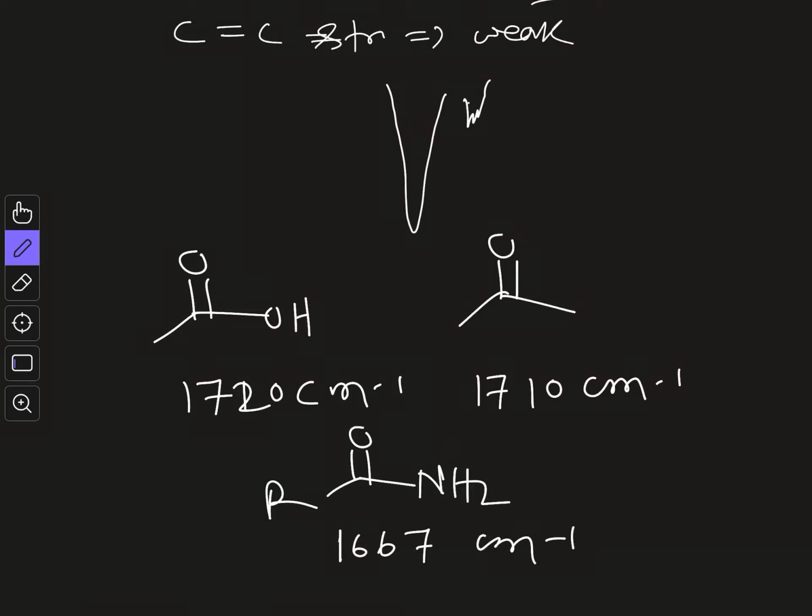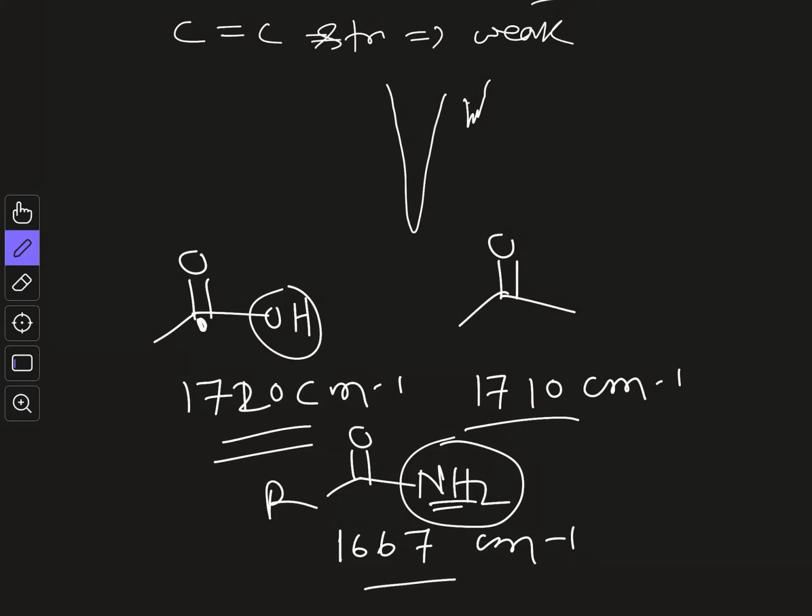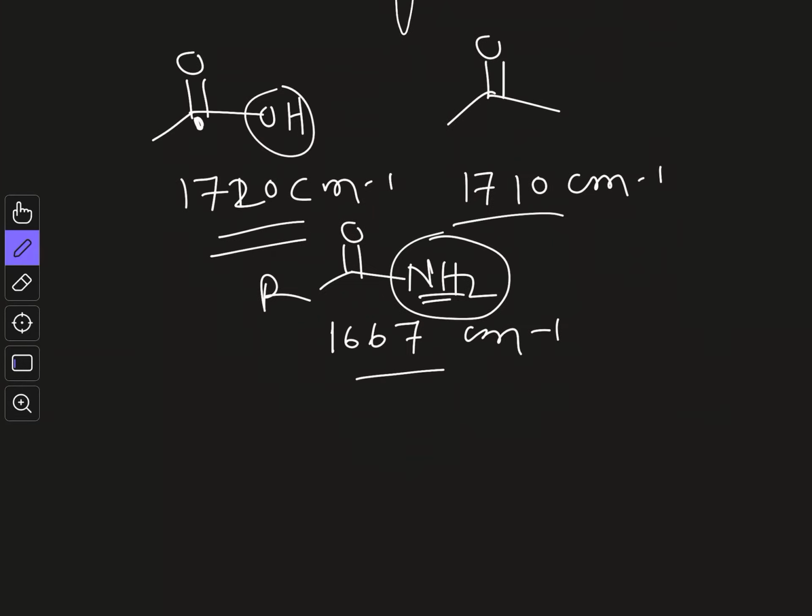So you can see, depending on the electronic nature of the carbonyl group, whether an NH2 group or OH is attached, or a simple alkyl group, the stretching frequency varies dramatically, and this needs a detailed discussion. So that's why I will discuss them in the next video. For now you just know that it varies depending on the nature of the functional group. So this is the double bond region which is most important for us.